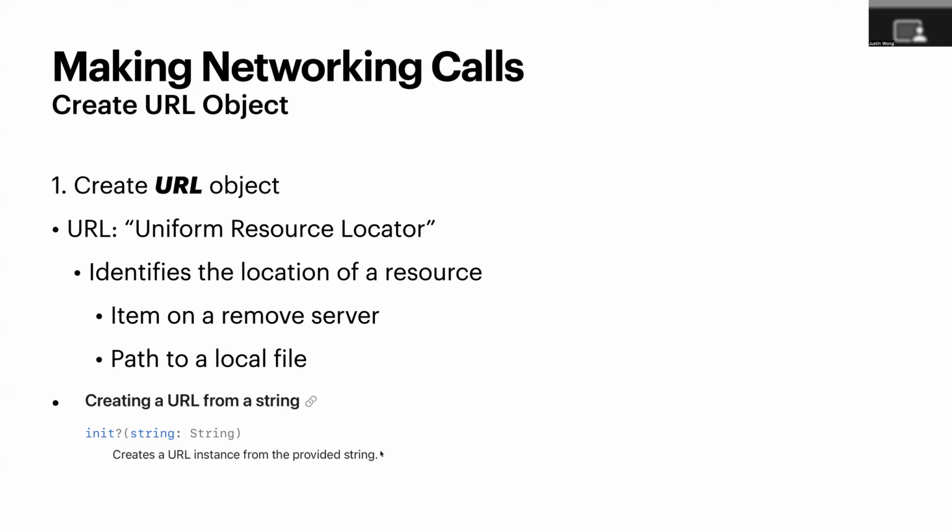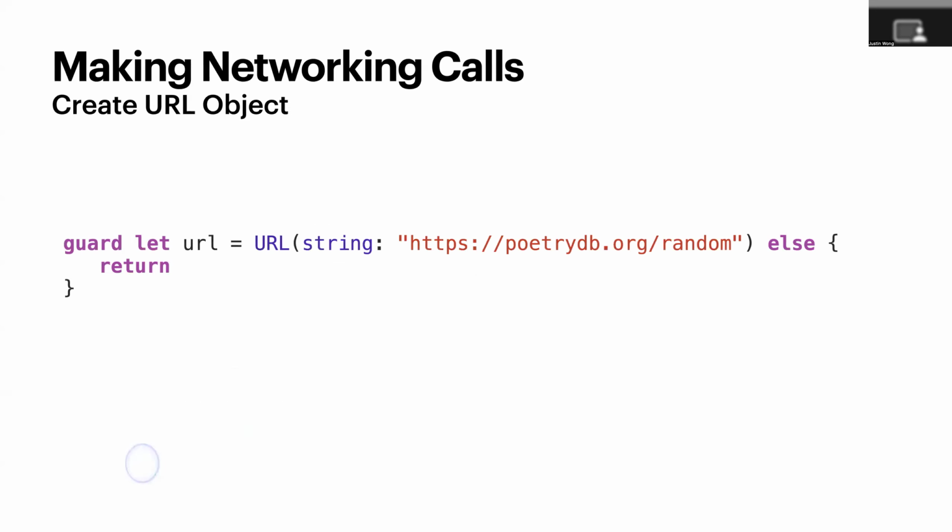So how do we create a URL in Swift? We give it a string for the URL string, and using this constructor, we construct an instance of URL. This is what it looks like in the code. Here we have the URL constructor, and we pass in that URL string as an argument into the string parameter, and it returns an optional. If you remember, an optional either has a value or it is nil, right?